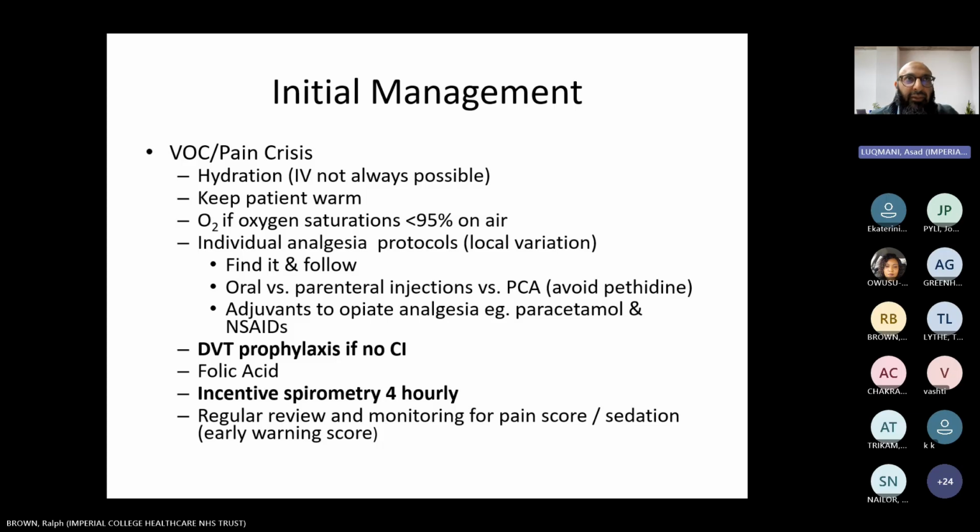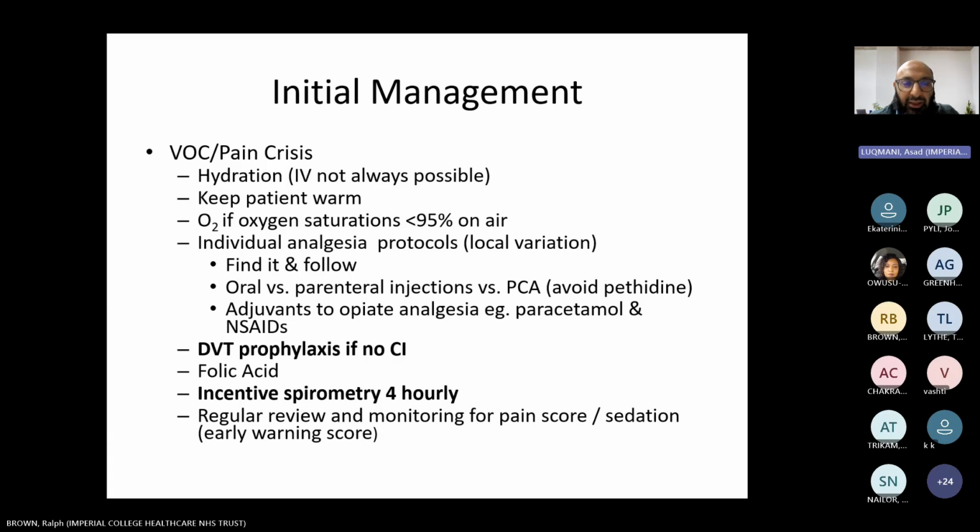And then obviously one of the most important aspects of managing these patients is to control their pain effectively. We've already talked about how severe this pain is, and therefore it warrants treatment with very strong analgesia.